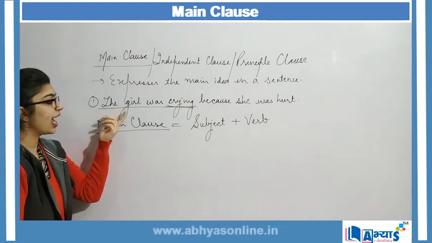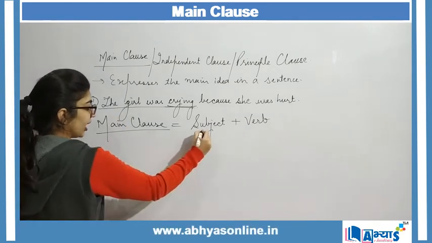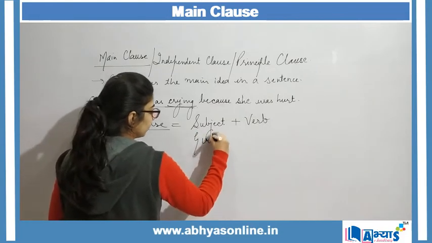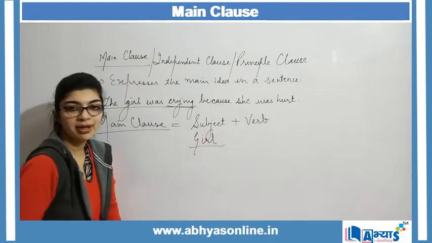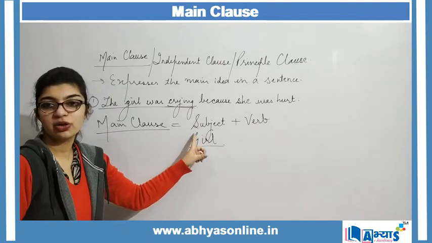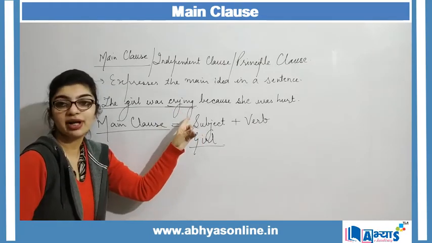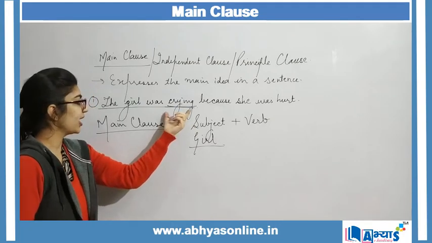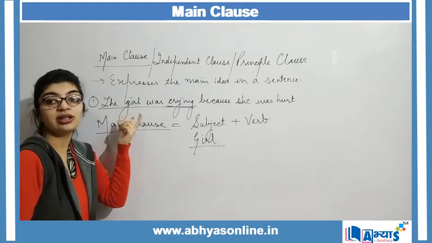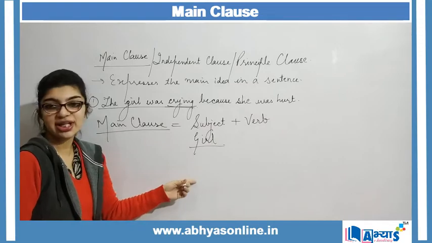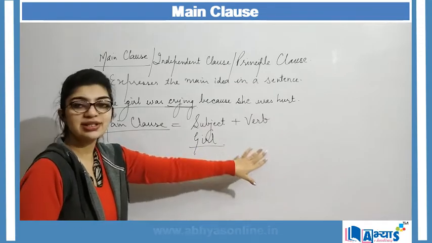Over here, I have the subject. The subject over here is the girl. Remember that the subject will be contained in the action. The action is crying, right? My subject is contained in the action that the girl was crying. Here the subject is girl and the verb is described as an action.